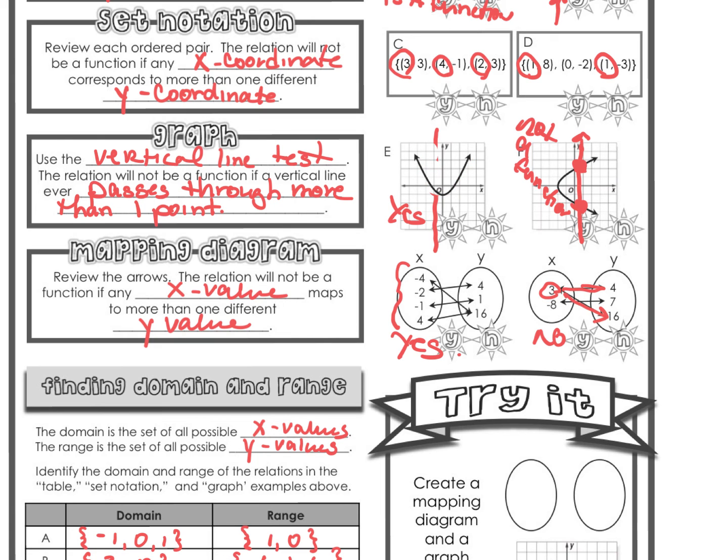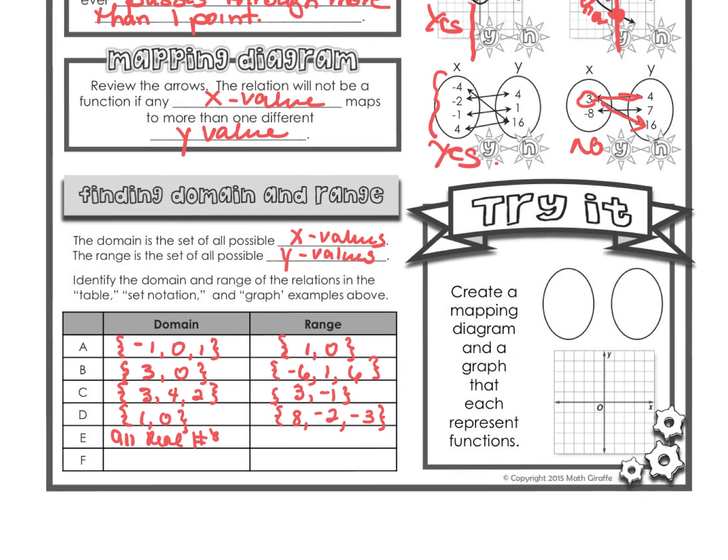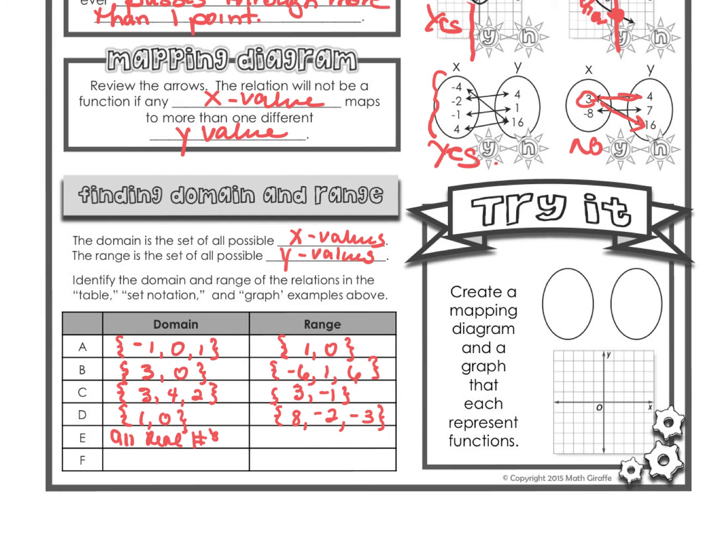If you look at your graphs, these arrows mean it goes on to infinity. So I don't care what I put in, it's going to be all real numbers. And your range is going to be -1 and infinity for that same reason.